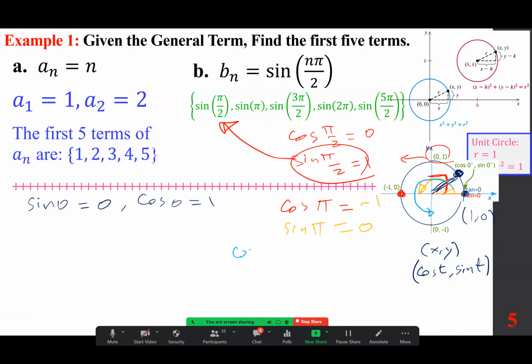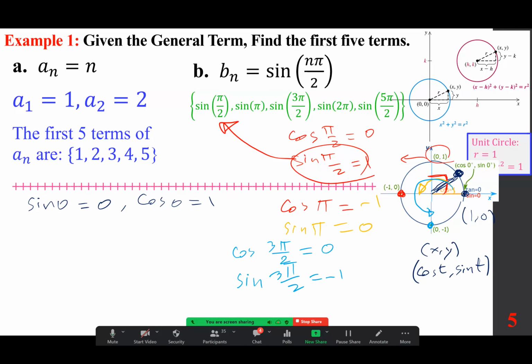So cosine of 270 degrees or 3 pi over 2 is 0, but sine of 270 degrees or 3 pi over 2 is negative 1. I hope this will help you remember those common arcs and their trigonometric values.